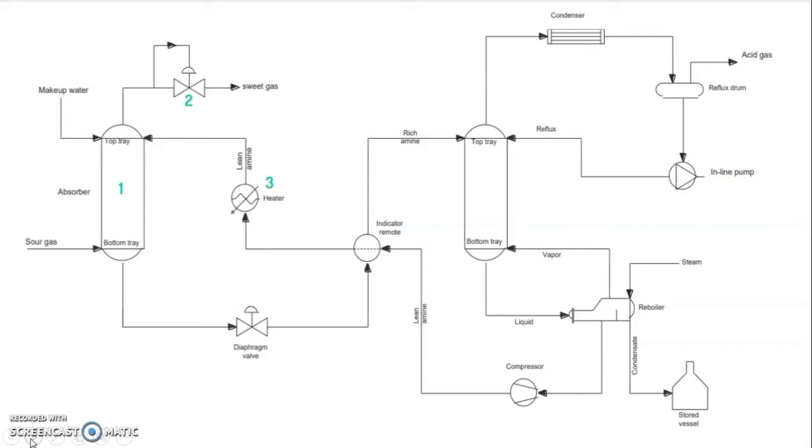Move to the indicator remote. It is a type of indicator. The main purpose is to detect the endpoints of the titration. Move to the compressor.